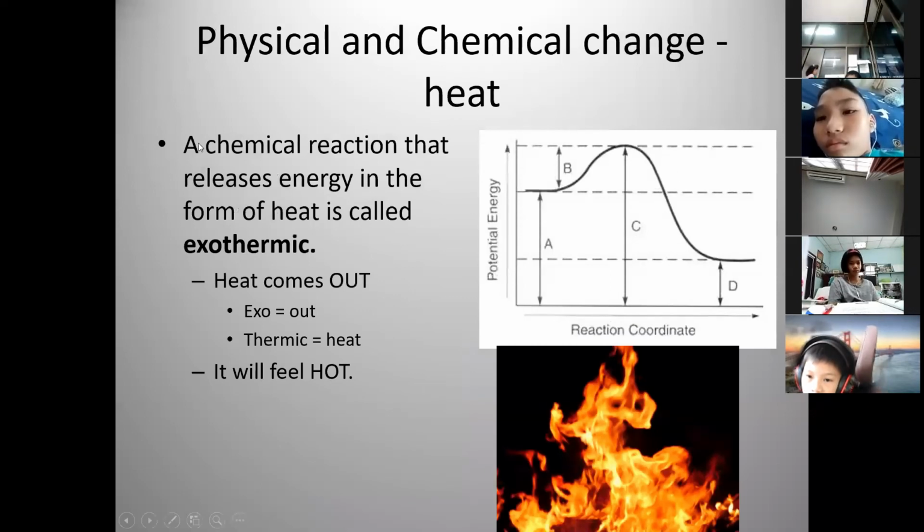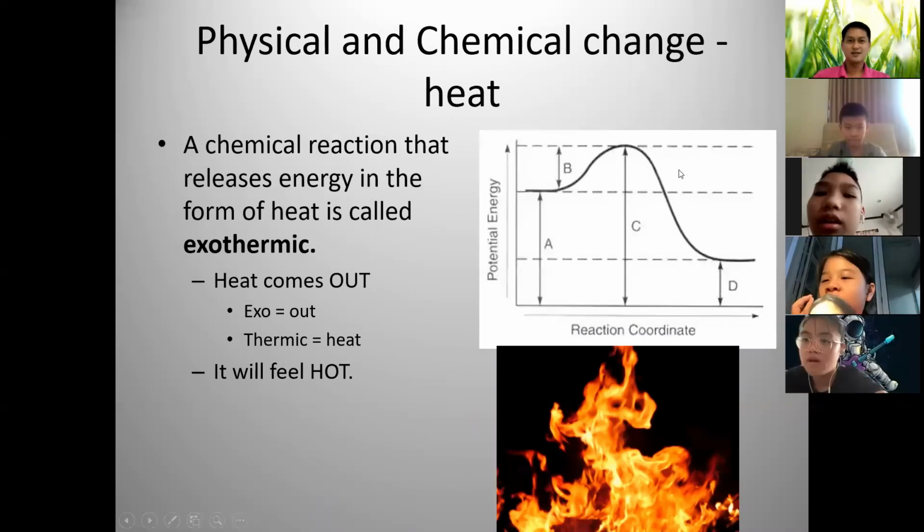Can you read this part? A chemical reaction that releases energy in the form of heat is called exothermic. Okay, thank you.